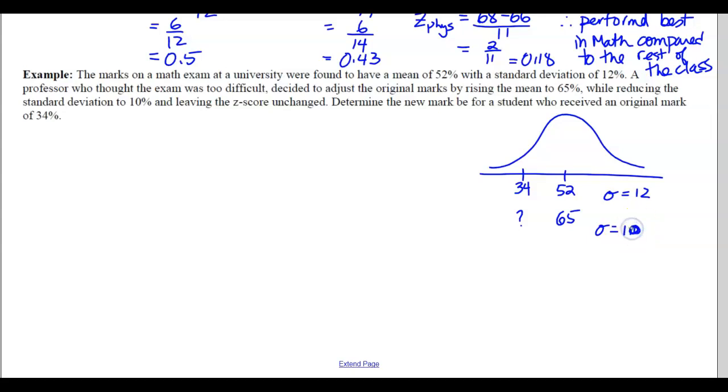Okay, so let's get what the z-score is, because the z-score doesn't change. So for the original z-score, mark was 34 minus the mean divided by standard deviation.